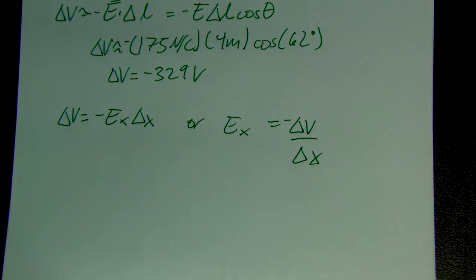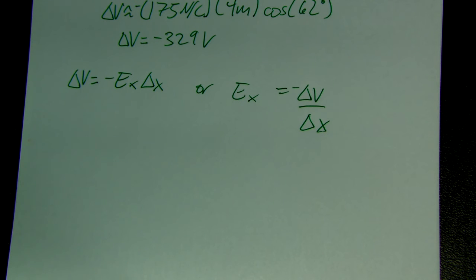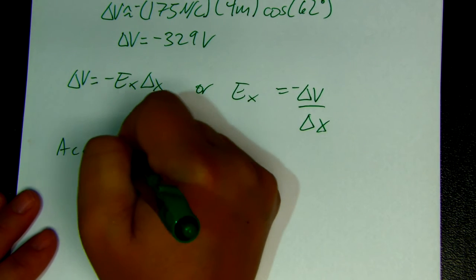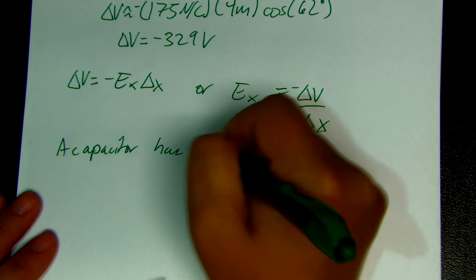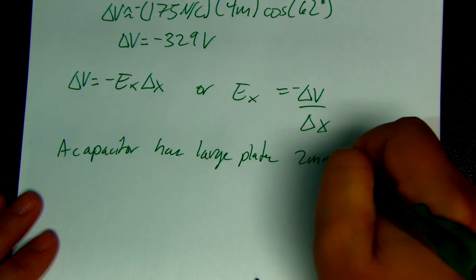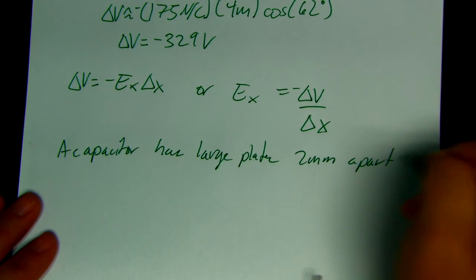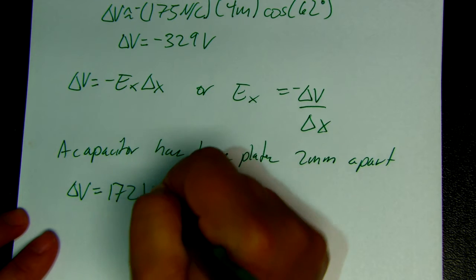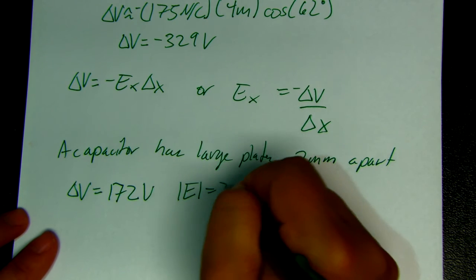And it would follow for all of the subsequent components. So, for example, a capacitor has large plates 2 millimeters apart, and delta V is equal to 172 volts. What is the electric field?